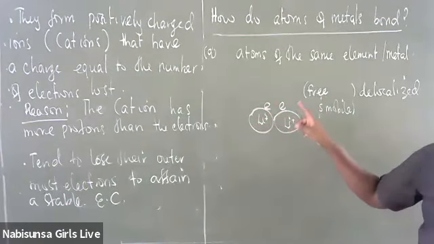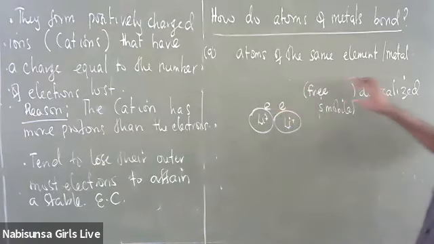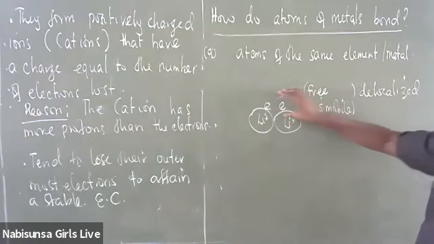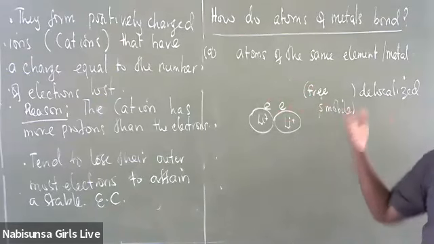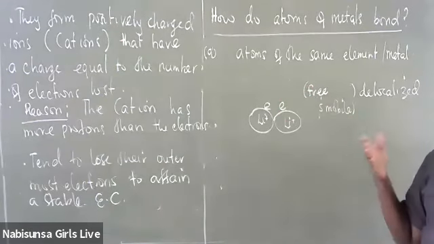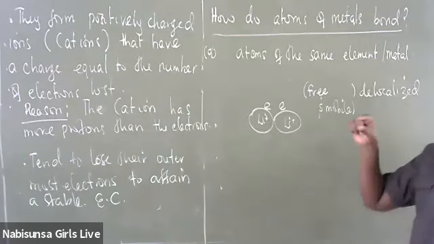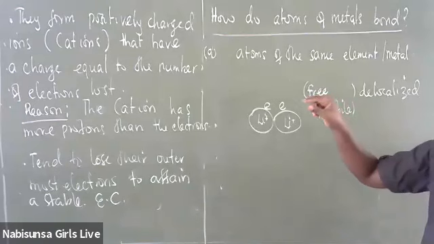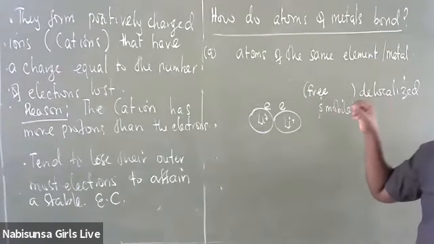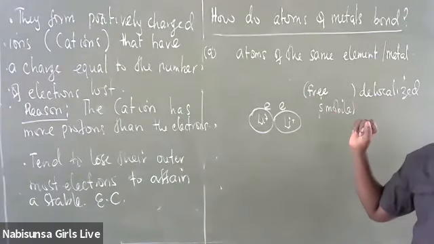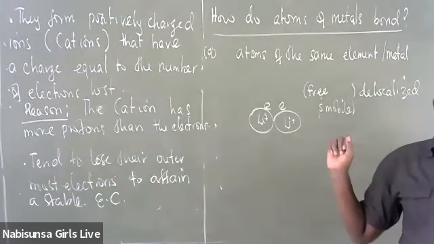So these delocalized electrons at the surface are the ones that make the metal conduct electricity, and by the way, heat, because they keep on transferring the heat from one point to another. So that's the science we have for you here.